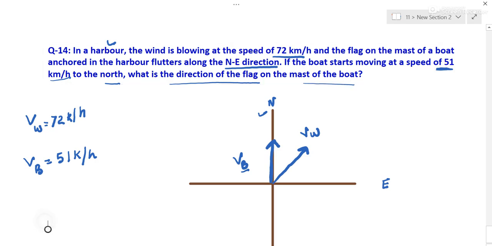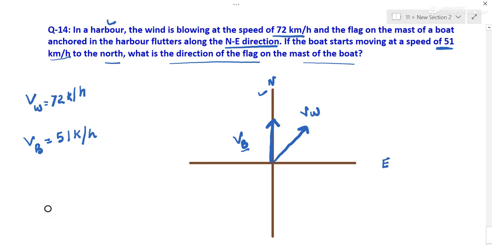Earlier, the wind was blowing at 72 km per hour and the flag was fluttering along northeast, in the direction of the wind. But now when the boat starts to move along north, where is the flag fluttering?